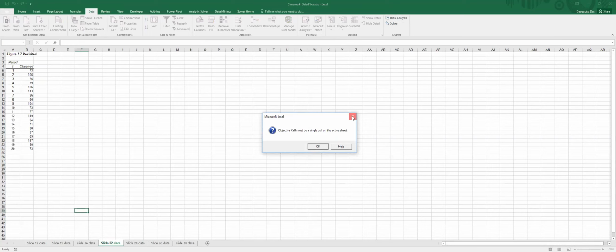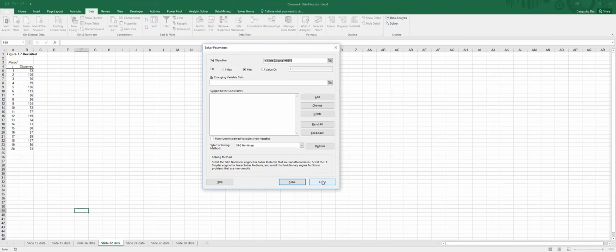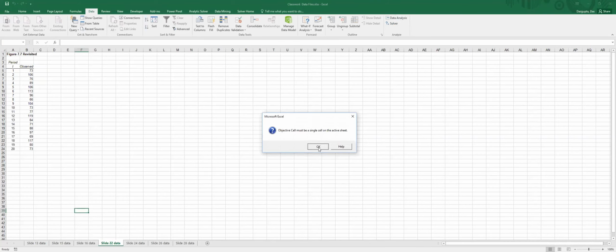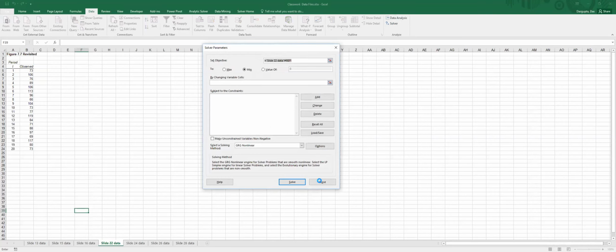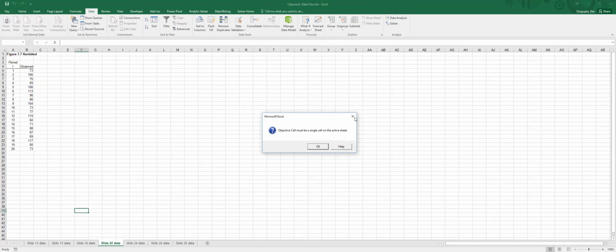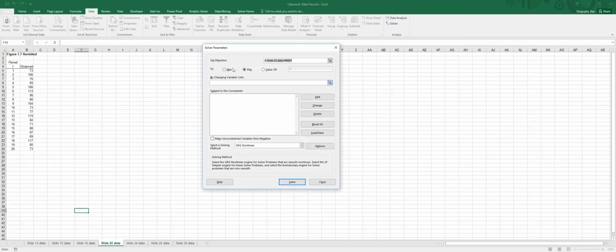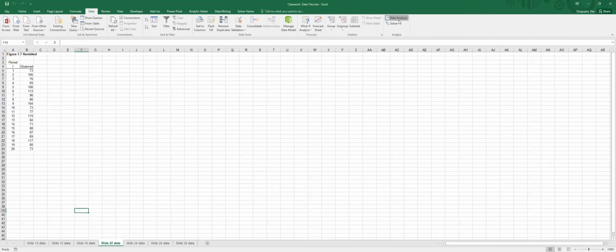Oh, come on. It will keep doing this until I ask it completely to close and forget I even asked. Sometimes solver, when it has advanced solver in it, keeps confusing which instance is running, and it will keep giving you this issue.